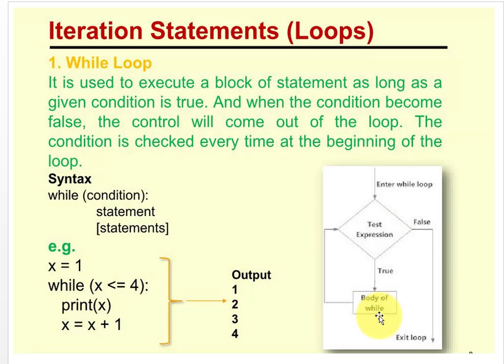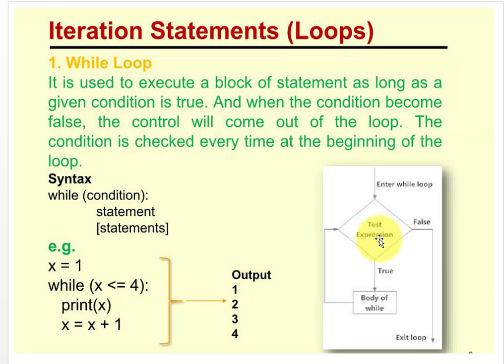That process will repeat again and again as long as your condition is true. If your condition becomes false, the flow will change and your program will exit from the loop. So this is the flow of your while loop.